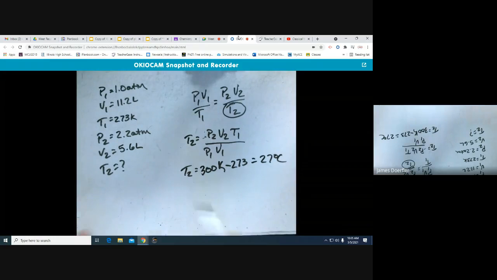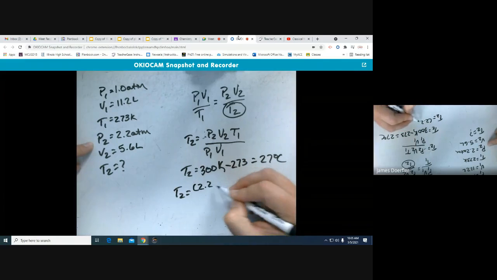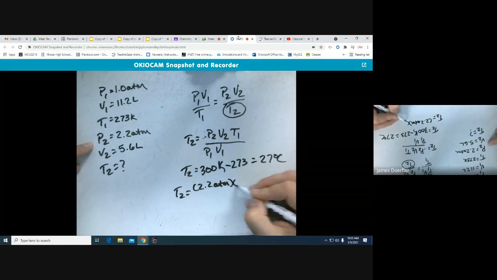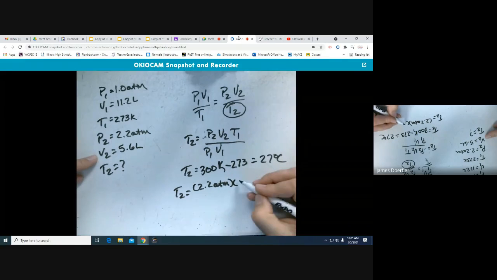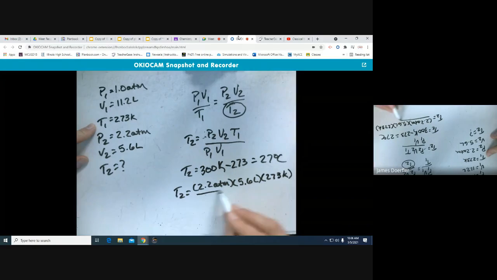So let's go and see what numbers are going where. Okay. So we should have T2 is equal to P2, which is 2.2 atmospheres. V2 was 5.6 liters, and T1 was 273 Kelvin. Okay, that's all on top.